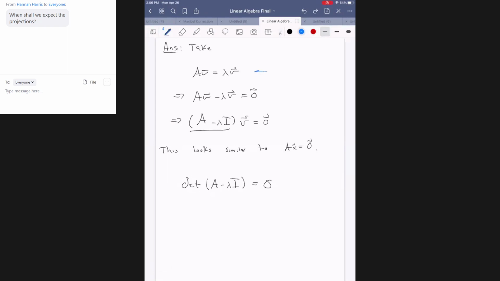I started off with AV equals lambda V, subtracted it over to the other side, factored out a V, and then from there we use some linear algebra stuff that we knew, like when does this equal 0 if V is not 0? Well, we use the fact that if the determinant of this thing is not 0, then this thing will not be 0, right?